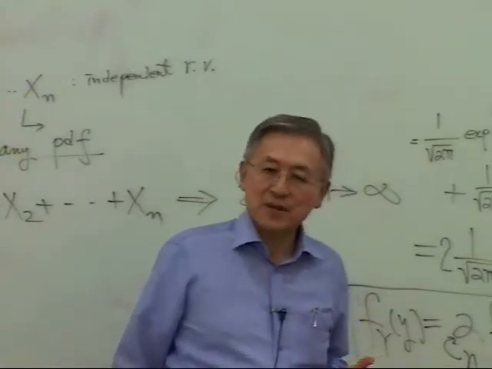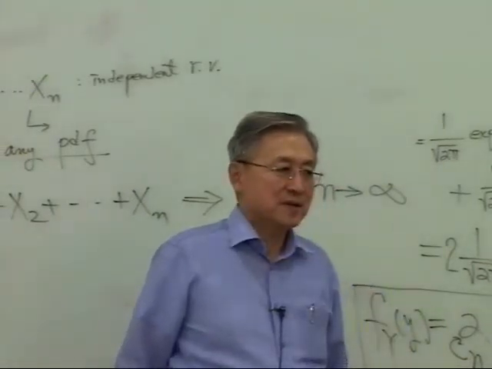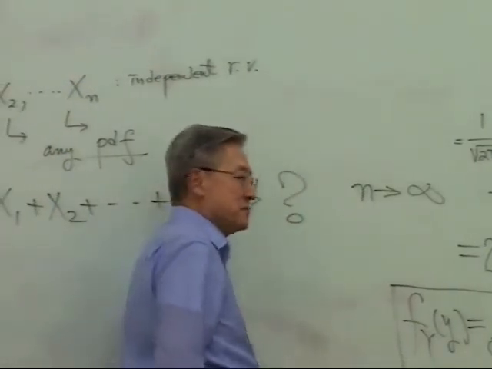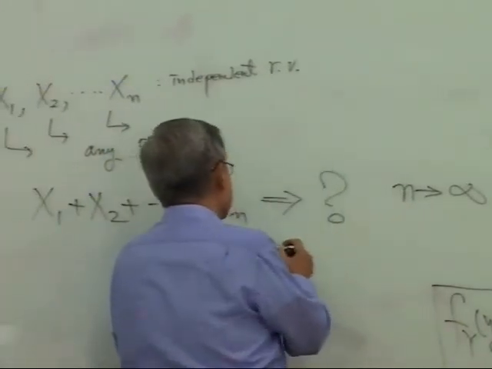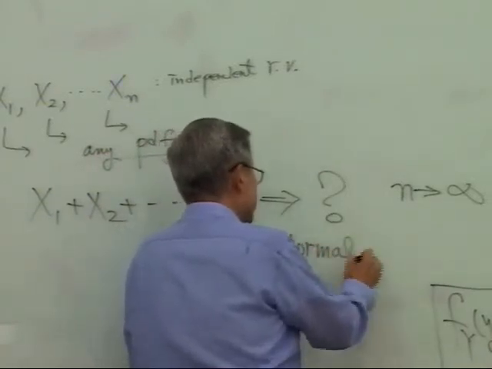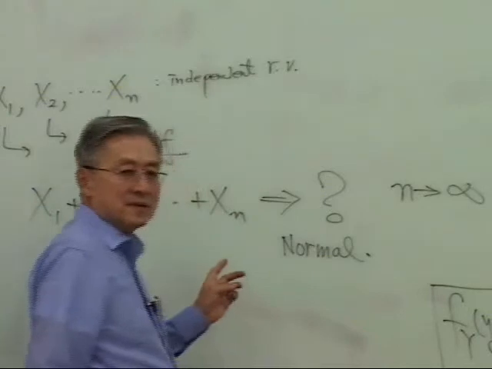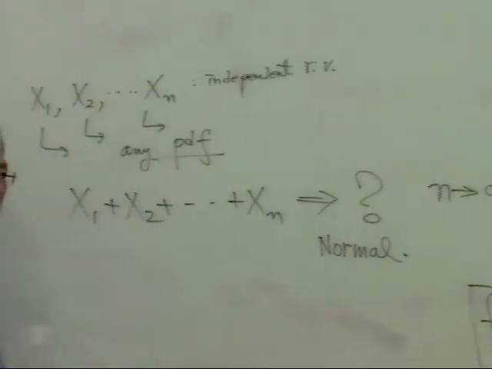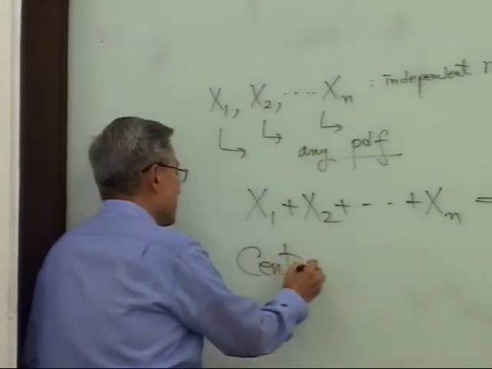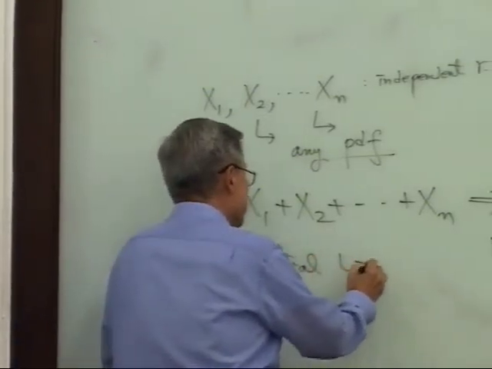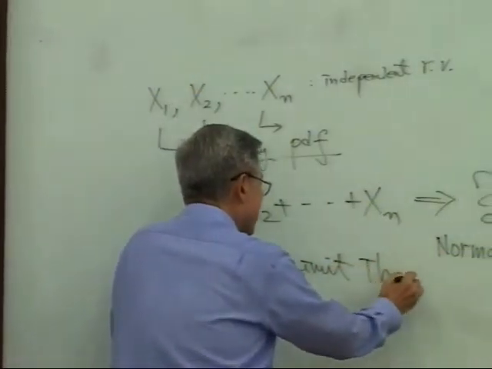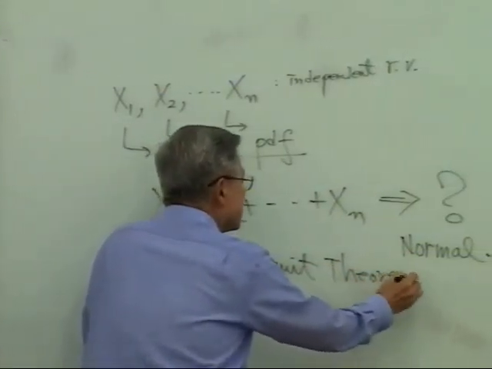Not infinity. You can't define infinity. Then the theorem says it follows the normal distribution function. It's called the central limit theorem. Got it?